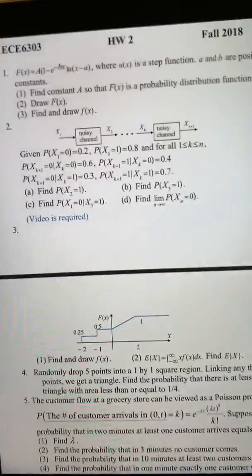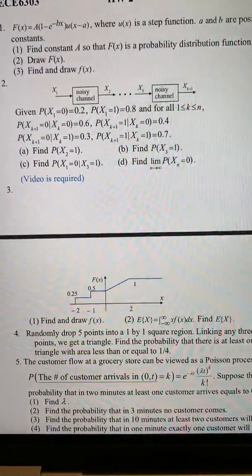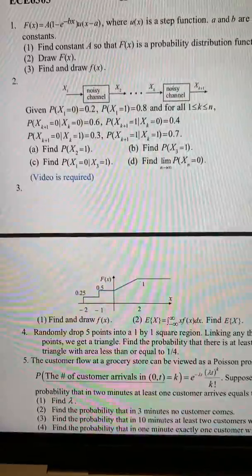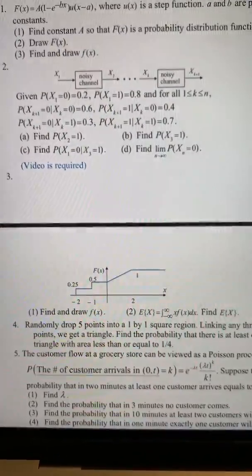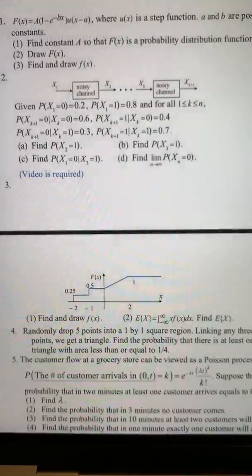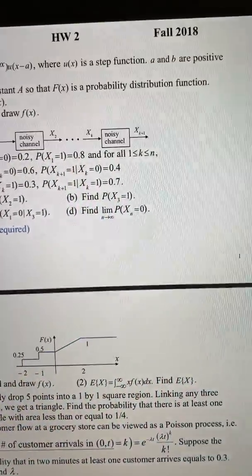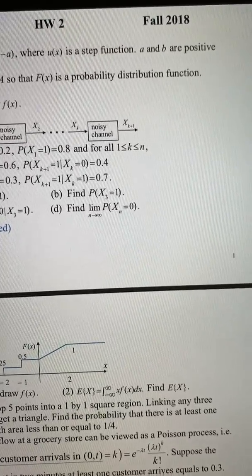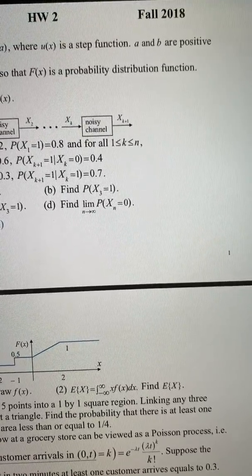In this problem, we have one signal called x1, and we have several noisy channels. After the first noisy channel, the signal becomes x2, and after k noisy channels there's xk, and the output is xk plus 1.